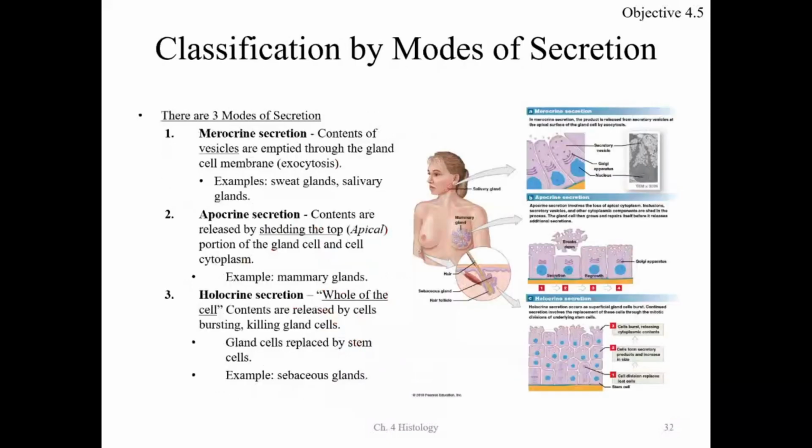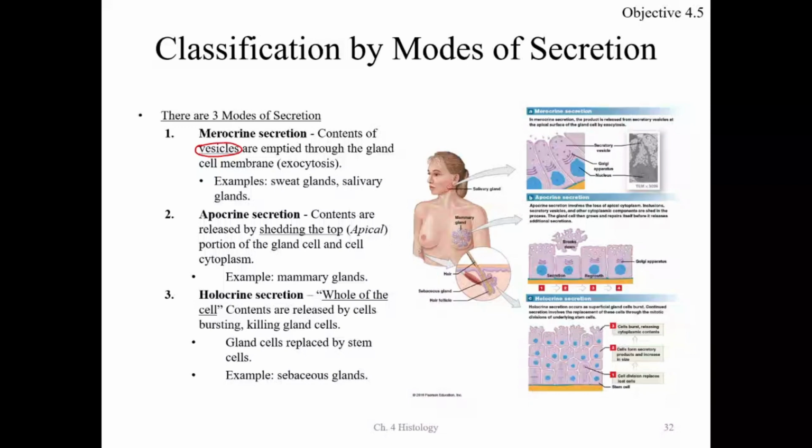Okay. Now, how do we secrete? We can classify glands by how they secrete, the mode of secretion. Merocrine uses vesicles. Vesicles come out, and this is called exocytosis. This is how your sweat glands and salivary glands work.